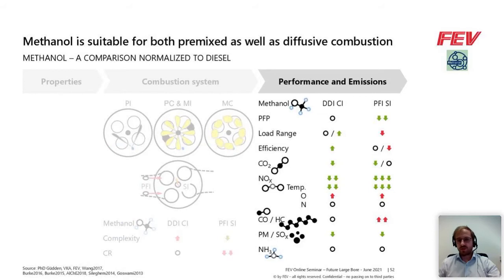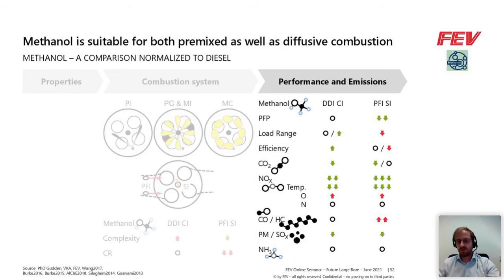What do these concepts then in the end look like regarding performance and emissions? We have a short comparison prepared here based on diesel, but we are not going to focus too much on these considerations, as we will have some results from our single cylinder testing on the following slides, both for the premixed as well as the diffusive combustion system. So, shortly summarizing what we can see here.